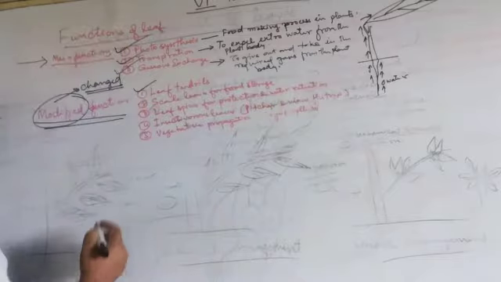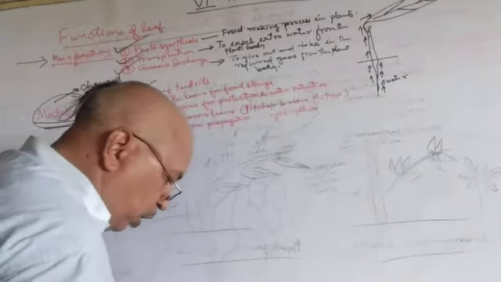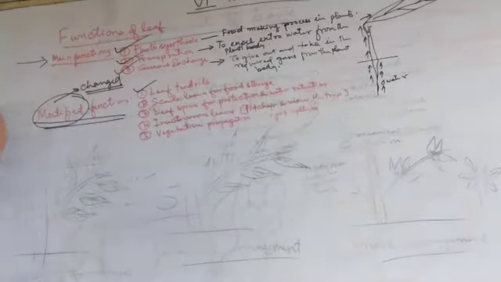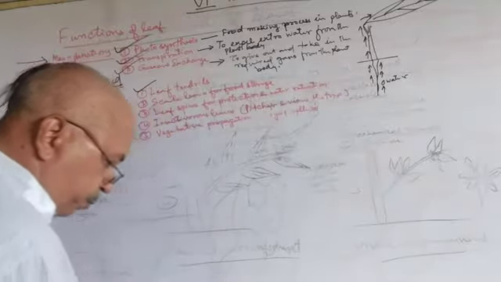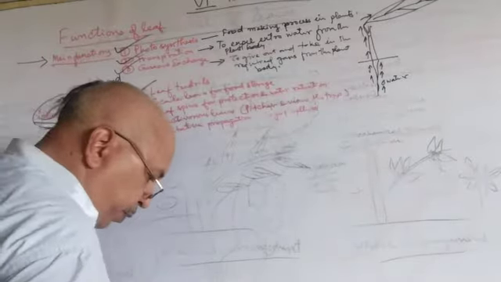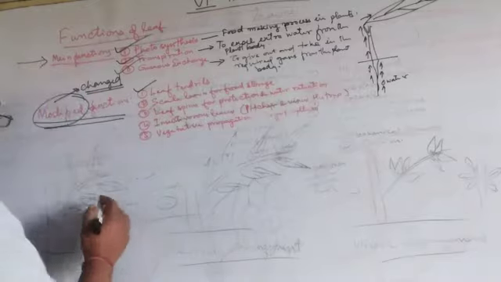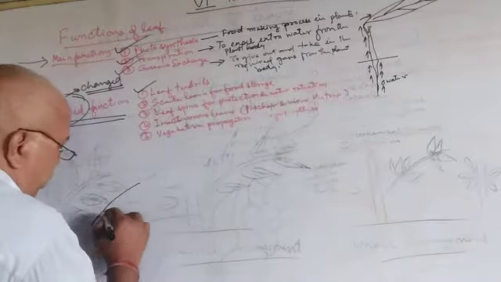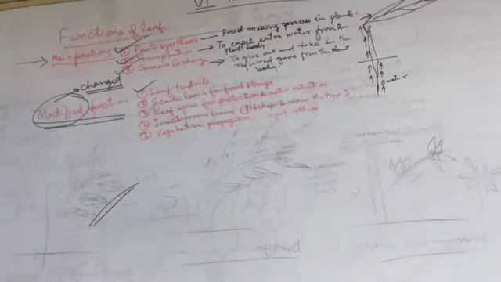Leaf tendril means, you may have seen the leaves of pea plants, right? And what happens, if this is the stem, right?